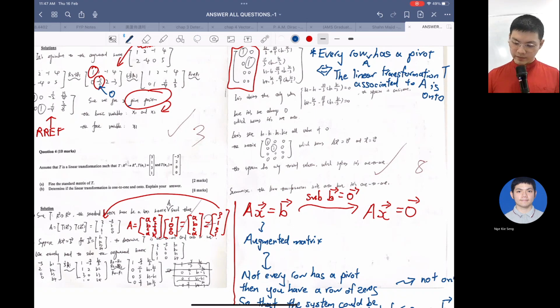Okay, this is the theorem. Recall theorem.